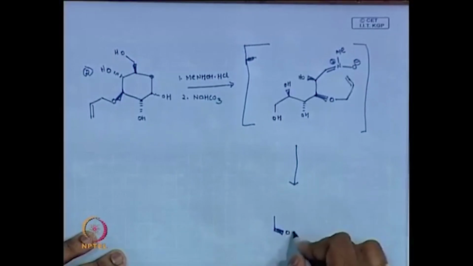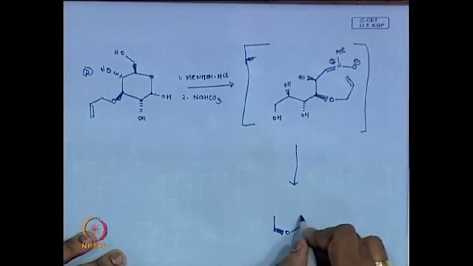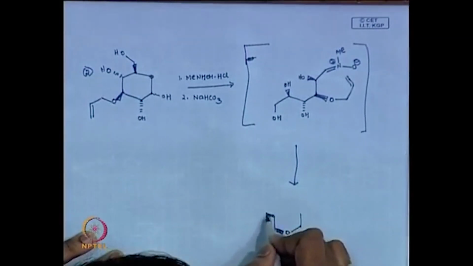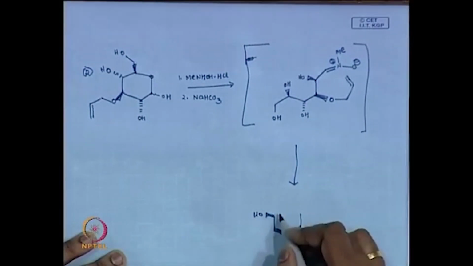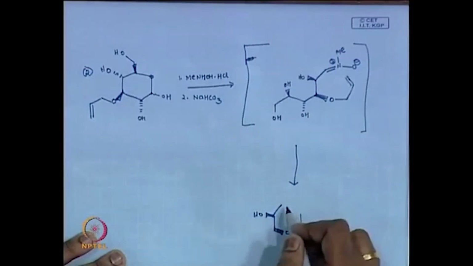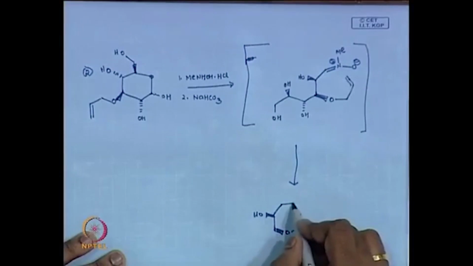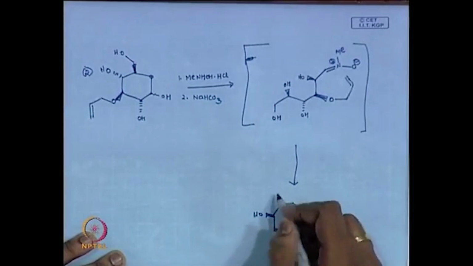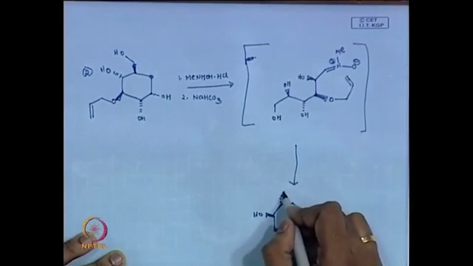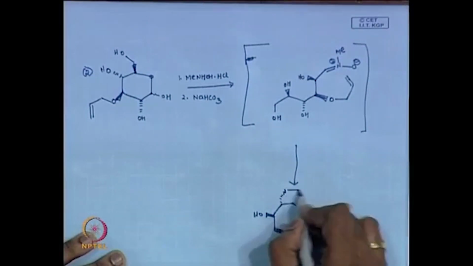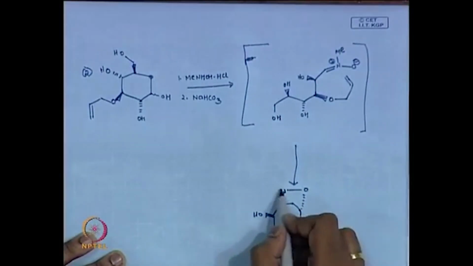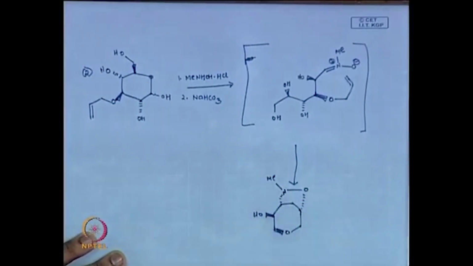First, I will finish the cyclic ring because that is the interesting part. You have your OH, then this cyclizes. This will cyclize, and you have your nitrogen here, and then you have your oxygen, and then you have N methyl across this.